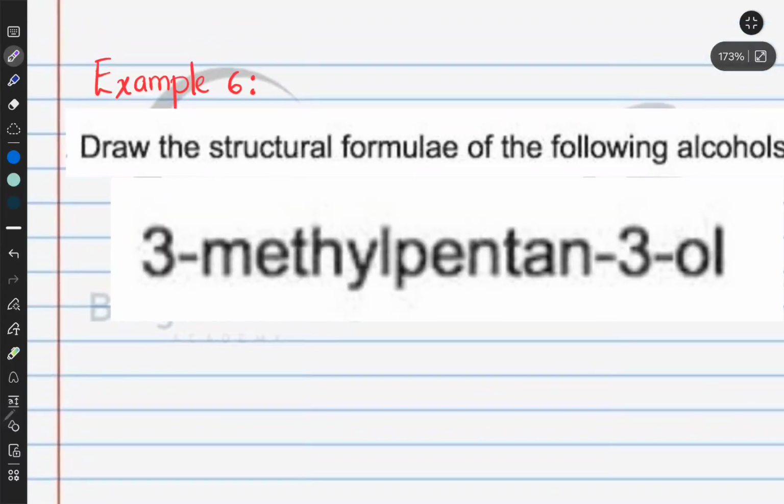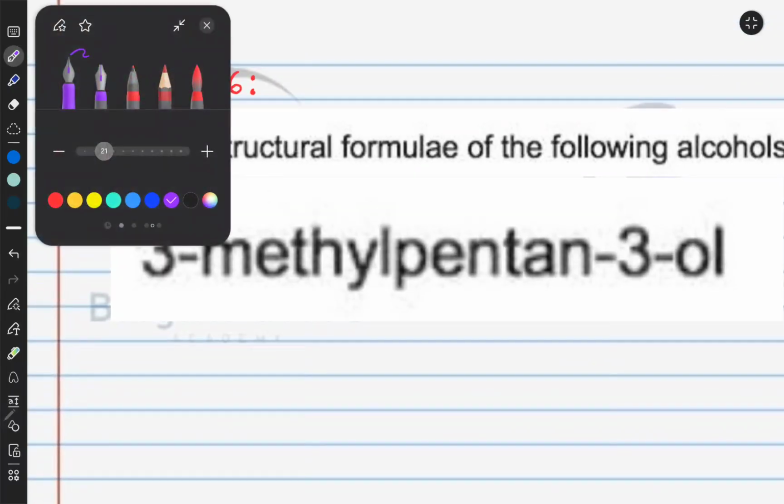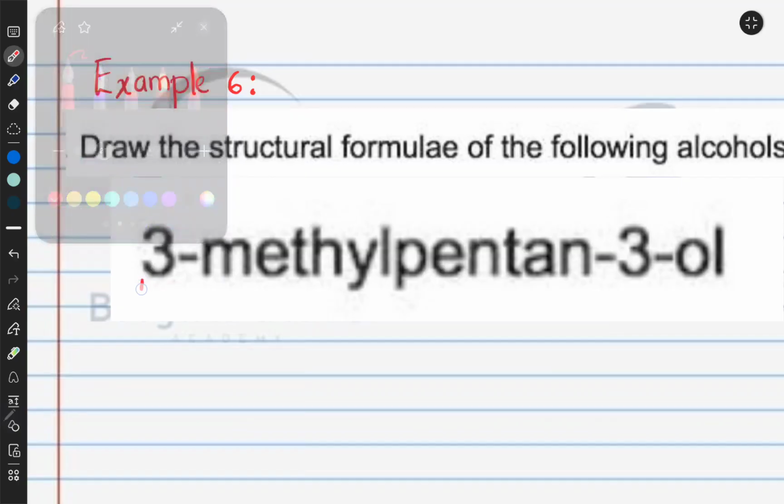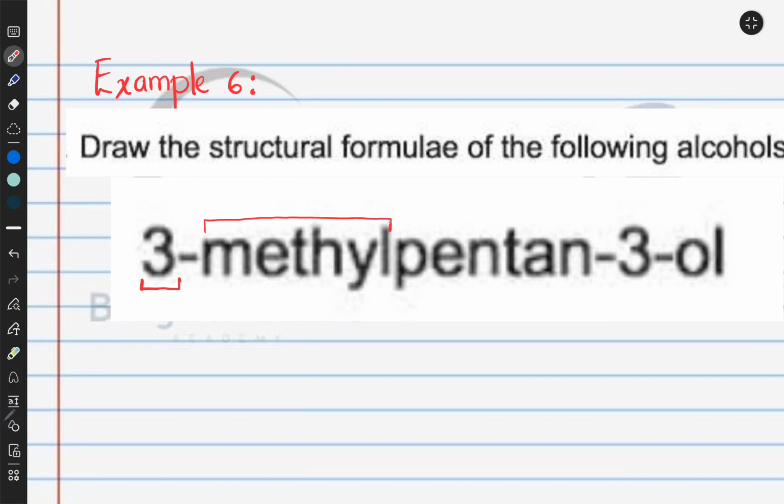All right, so if you check, you remember this tells us the location of our methyl group. Obviously this tells us the name of the alkyl group, which is methyl, right? And then this tells us the length of our parent chain.